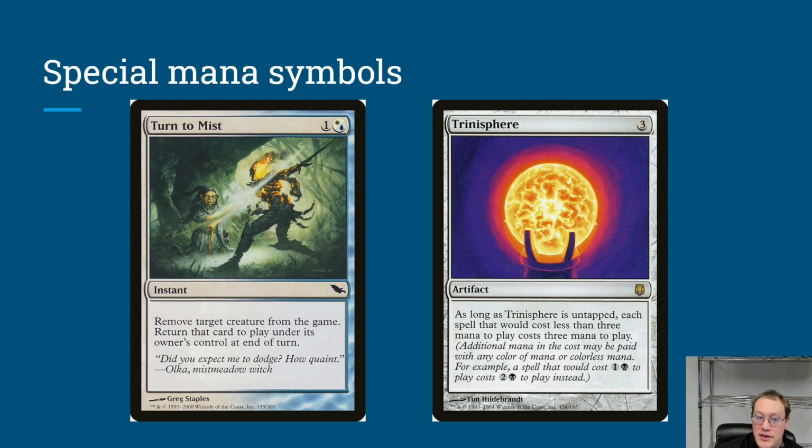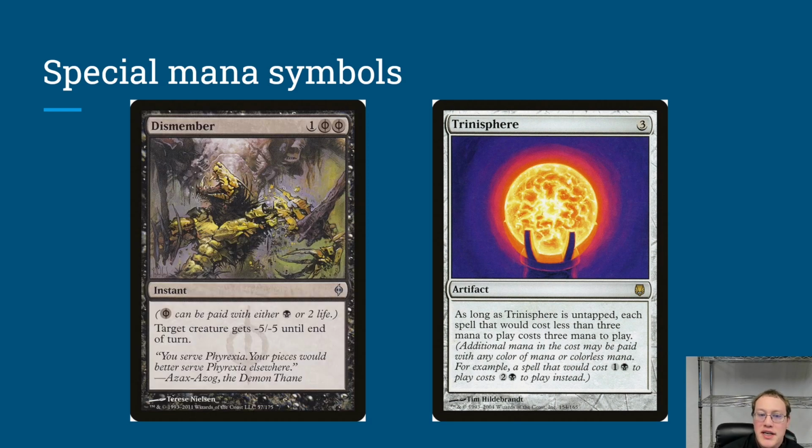That also happens at about the same time in casting a spell as when you're deciding what the X is going to be. But that happens before the time when you're actually paying the cost, or even before you're figuring out how much the cost is going to be. So if you have a hybrid mana symbol, that is indeed going to be before the Trinisphere applies, choosing that one.